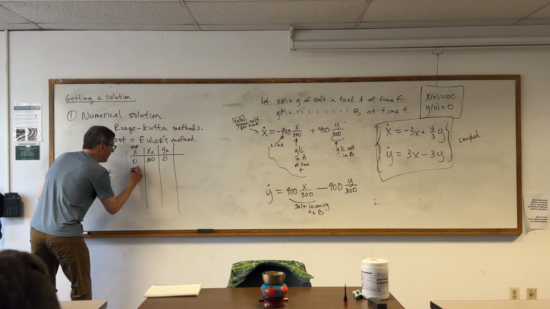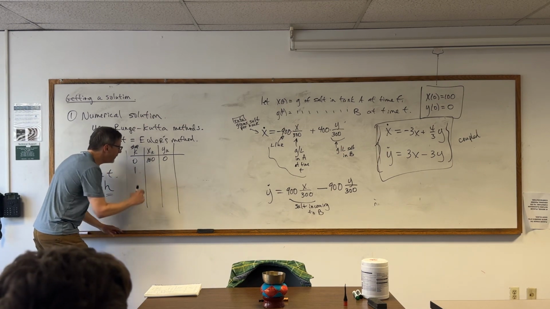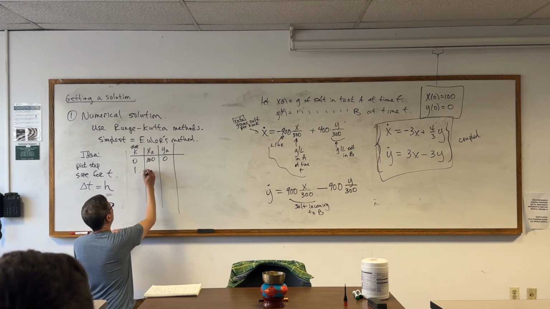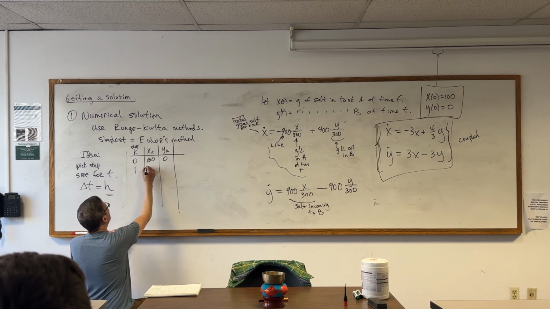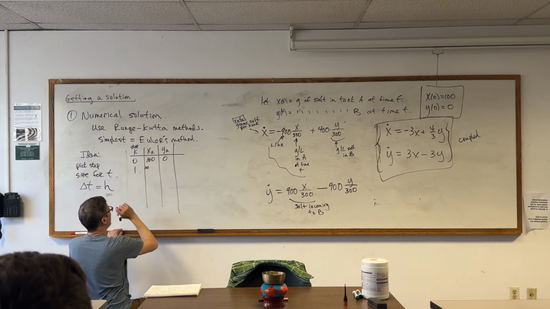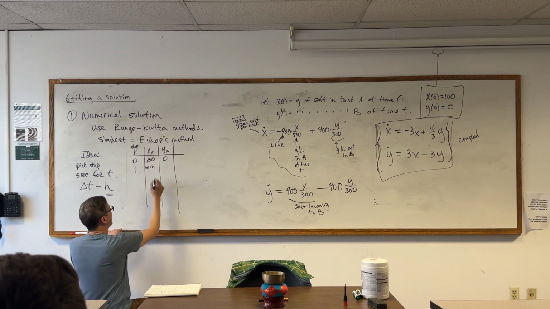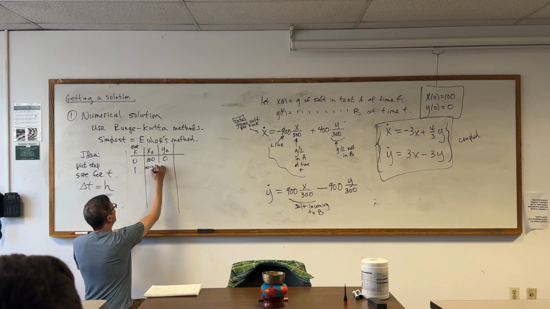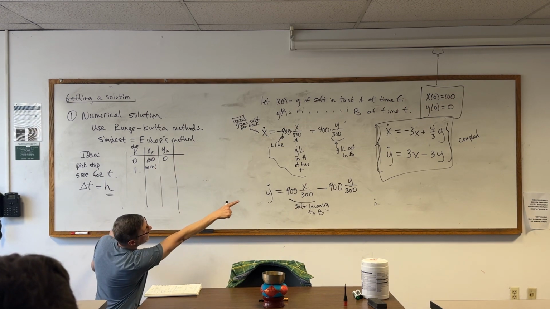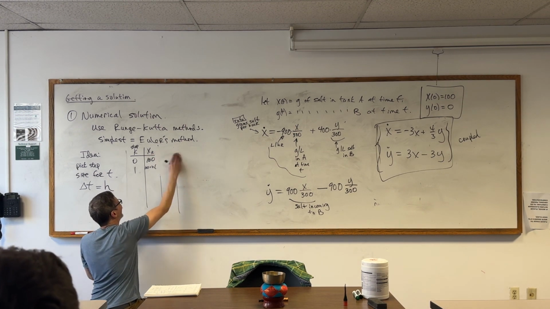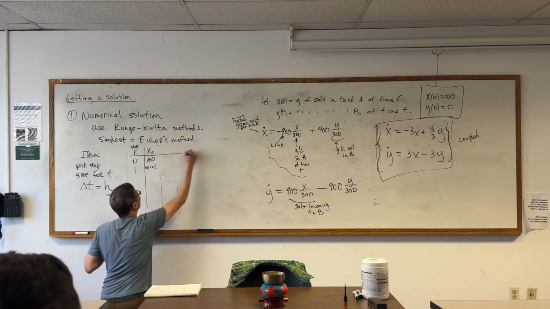So my next step, at k equals 1, is going to be 100, the current value, plus my step size, h, times negative 3x plus 4/3 y at our current point. I'm going to make this a whole lot bigger.